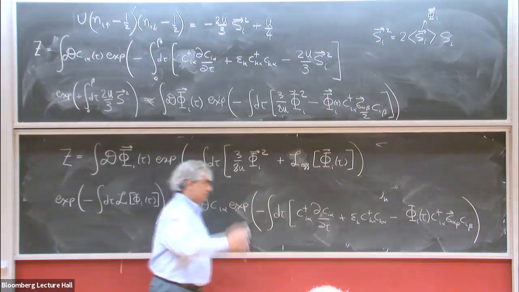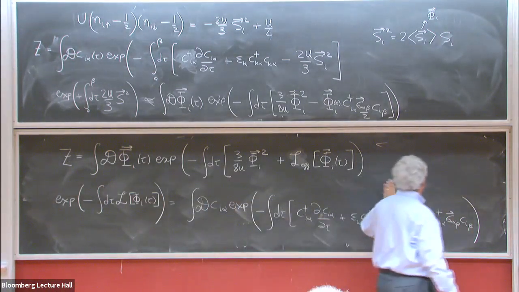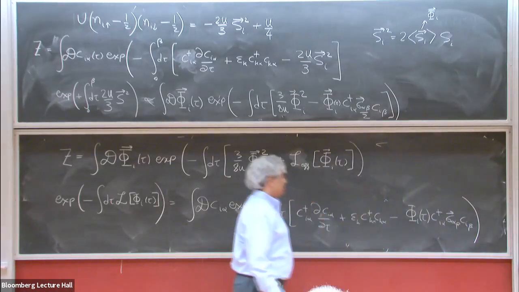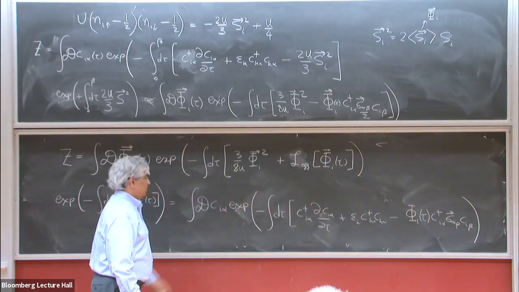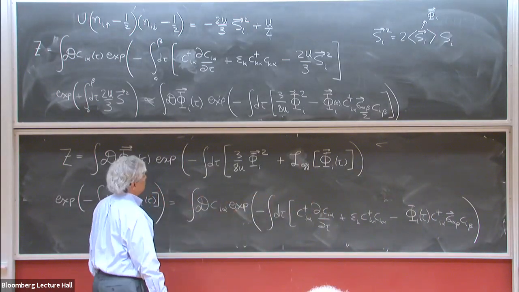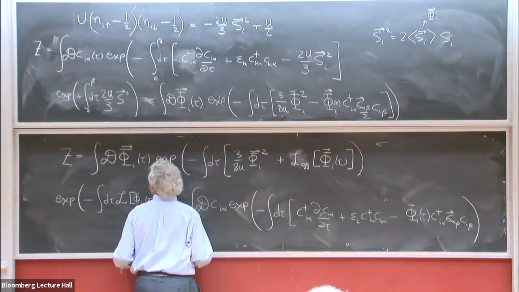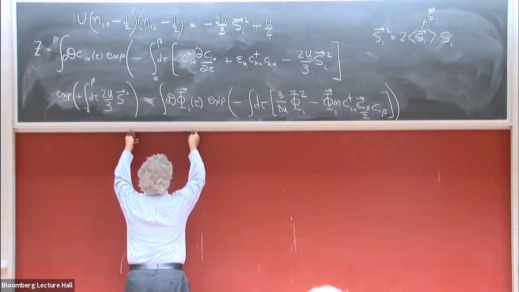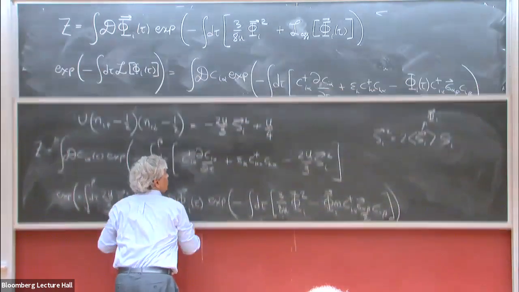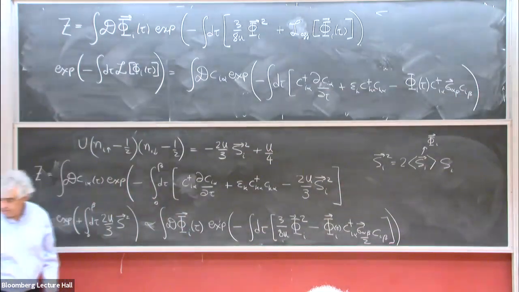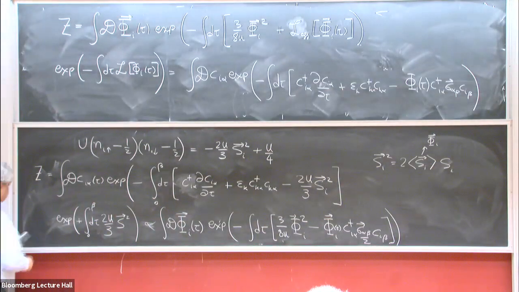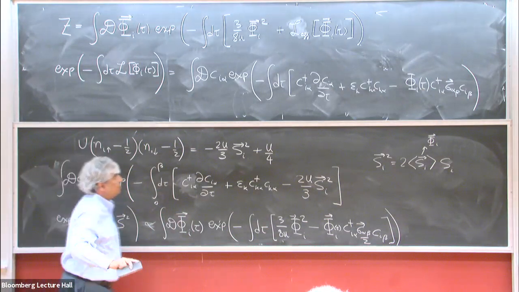Imagine it's a high temperature and phi is small, and we just look at the second order term. Subir, which limit of the model are you considering?